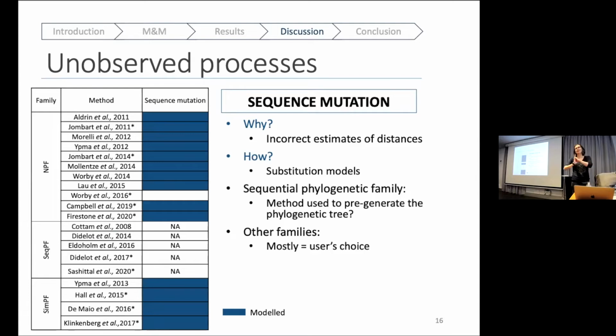It's important to consider, since genetic distances estimated without a model do not consider back mutations and lead to incorrect estimates. So how is this done? Generally by substitution models. This was used in most of our phylogenetic families. And for the sequential phylogenetic family, it depended on the method used to regenerate the tree.